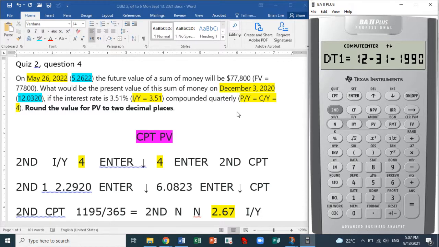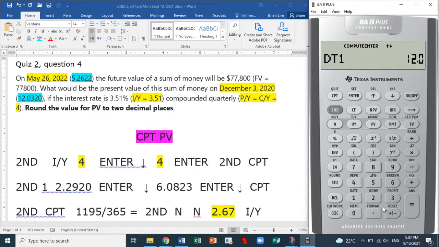So we have to put in the earlier date first, which is December the 3rd, 2020. So the month is 12. We put the decimal.